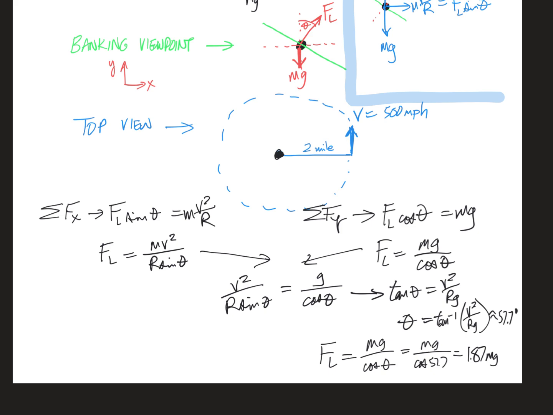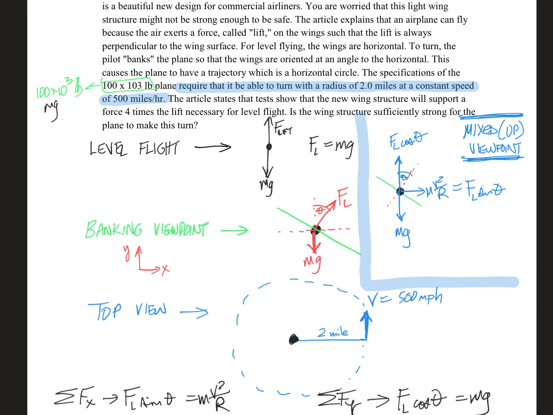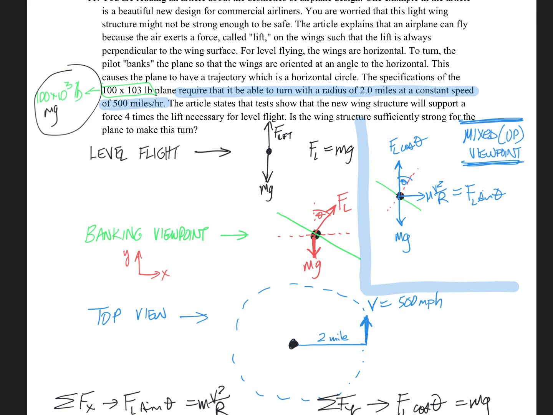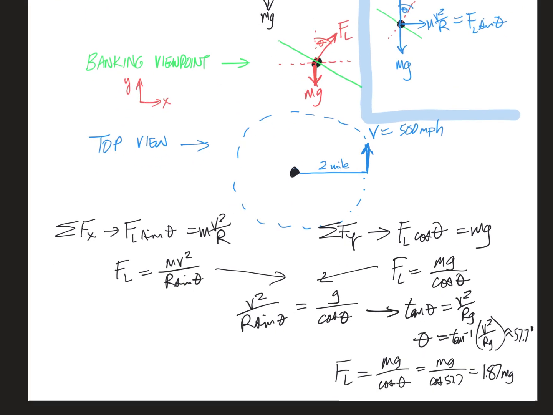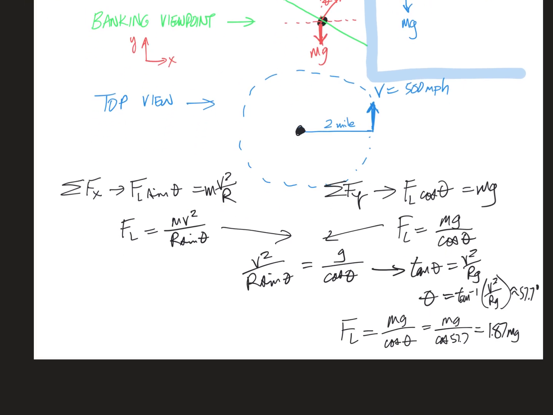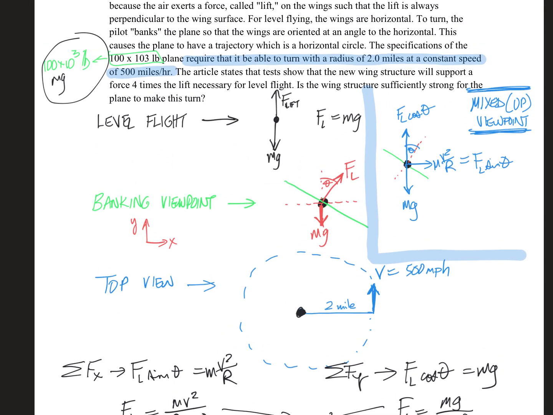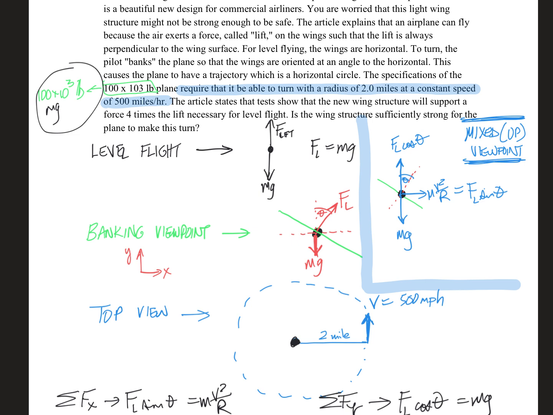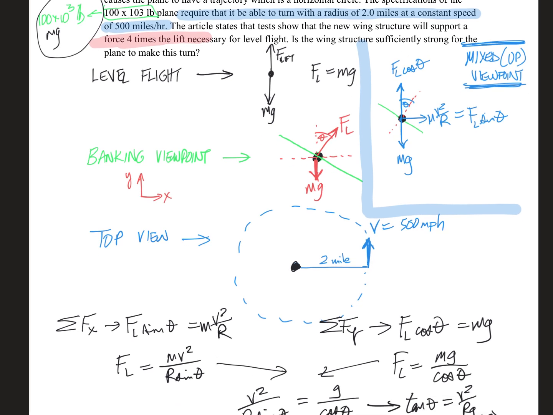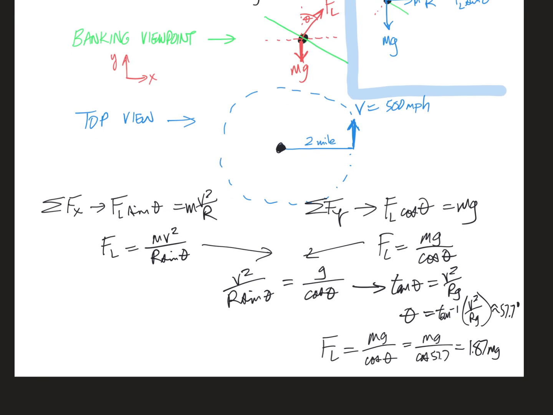So I don't really need to crunch that number. Could you? Yes, you could totally crunch that number and then go, is this going to work? According to this problem, we need to make sure that we don't violate this 4 times the weight. And so we don't. It's under 2 times the weight. So the plane won't break and everybody goes home safe.